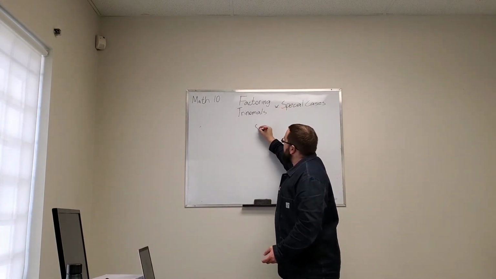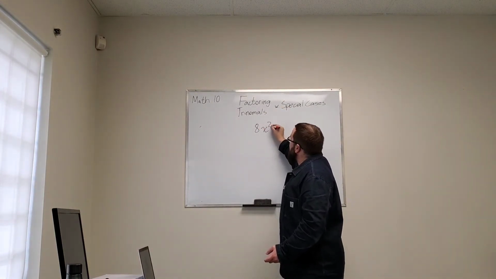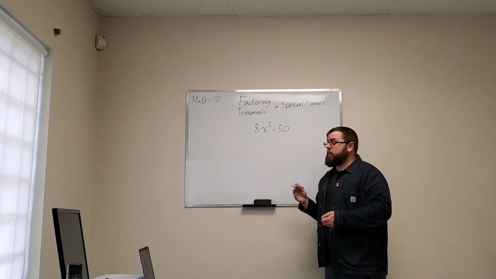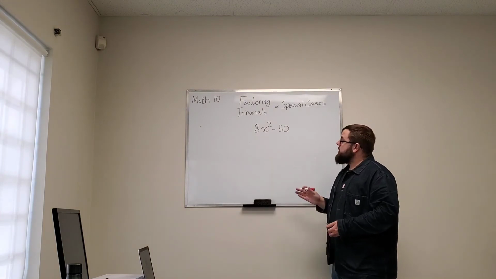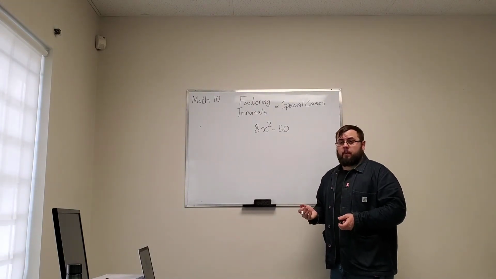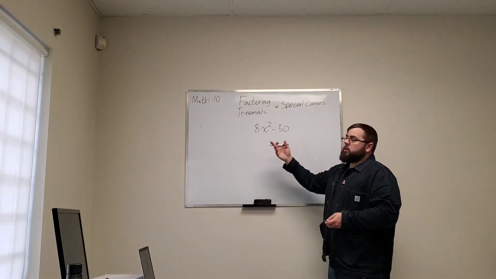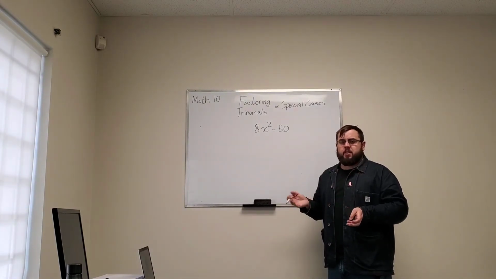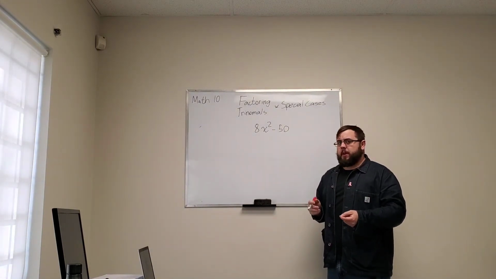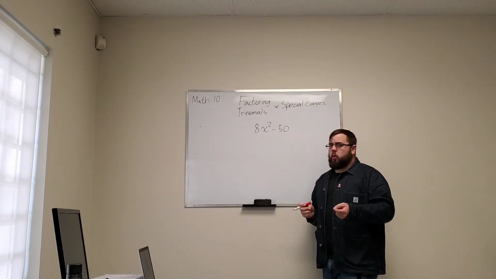What if you have something like 8x squared minus 50? Now we can see just from looking at this, it's missing that middle term, so it's got to be a difference of squares problem. But the square root of 8 is like 2 point something, and the square root of 50 is just a bit bigger than 7. So it doesn't quite work out.